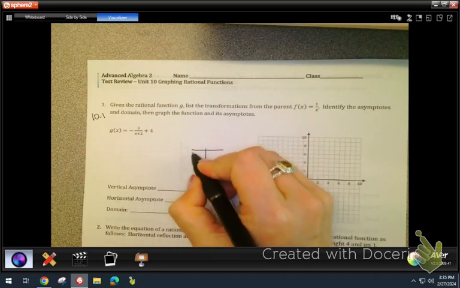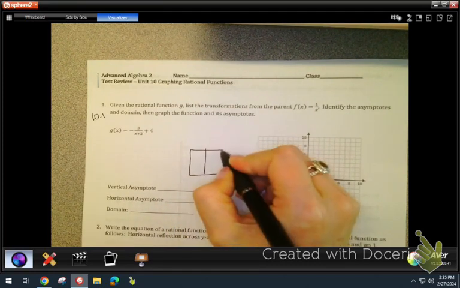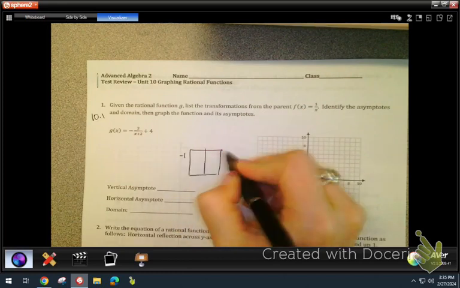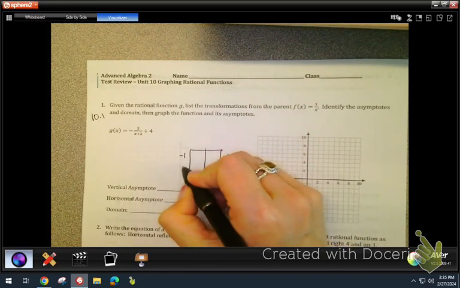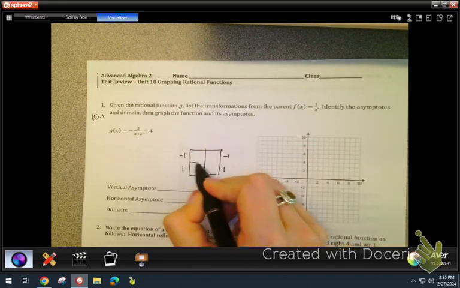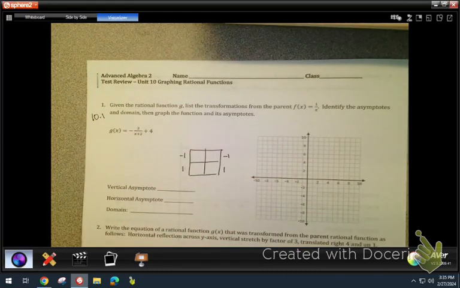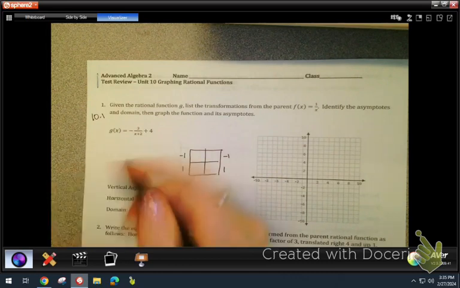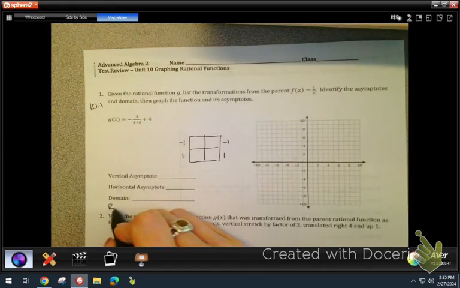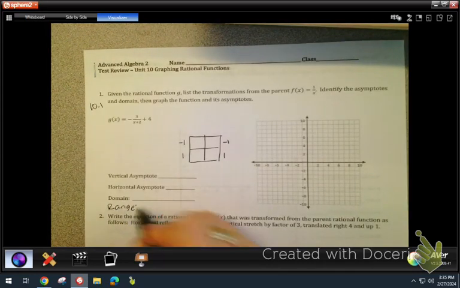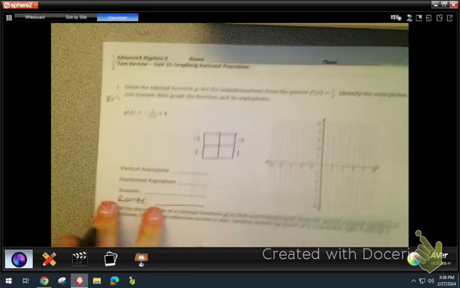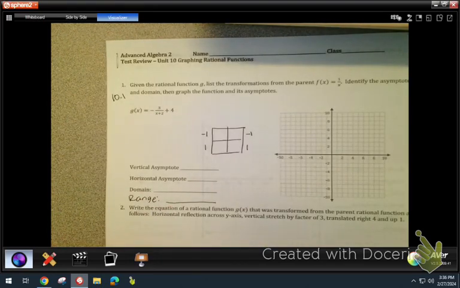What are your parent function points for transformations? 1, -1, and +1. Okay, go look at 10.1. That will help you with that. The other thing, like on your CFU, when it's in transformation form, I do expect you to be able to tell me the range. So add that in on number 1.